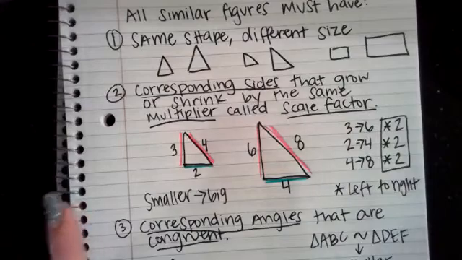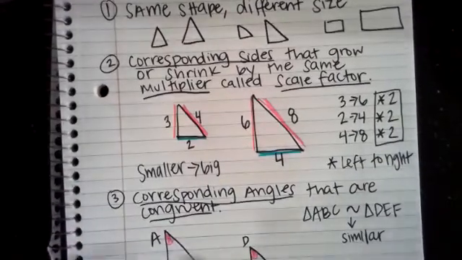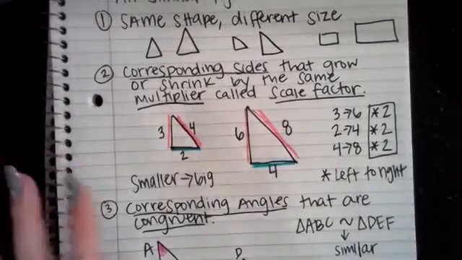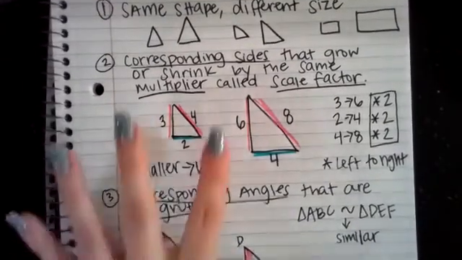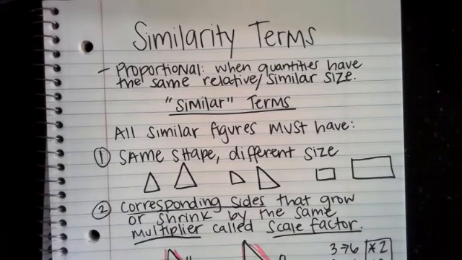Their corresponding sides have to grow or shrink by the same scale factor, and their corresponding angles have to be congruent. If you need to rewind and check out any part of this video, please do. Ask me any questions if you need, and please move on to the next video so you can see some examples of solving proportions within similar figures.